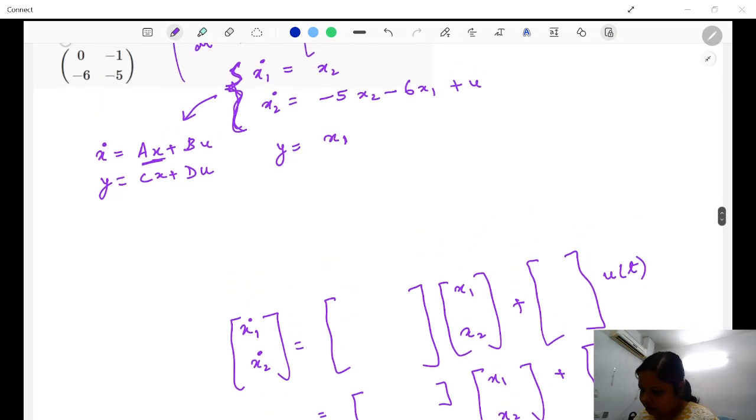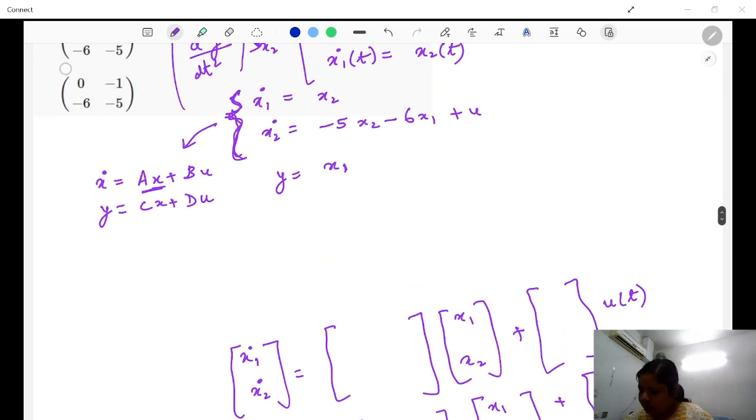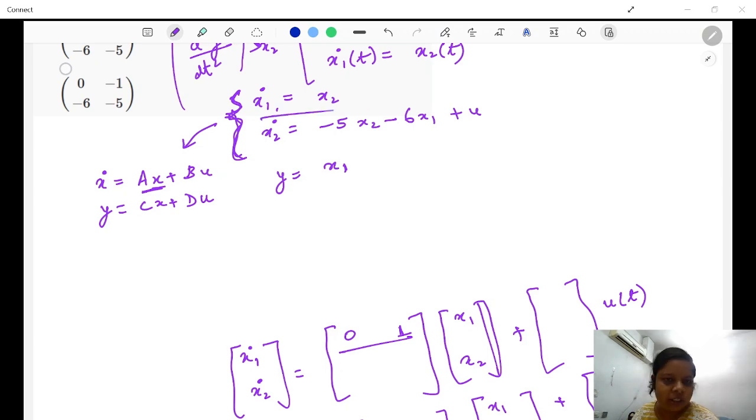Now how will we write this? See, x1 dot is only dependent on x2. That means this term is 0 and this term is 1. Multiplying this with this gives you the first equation, right?